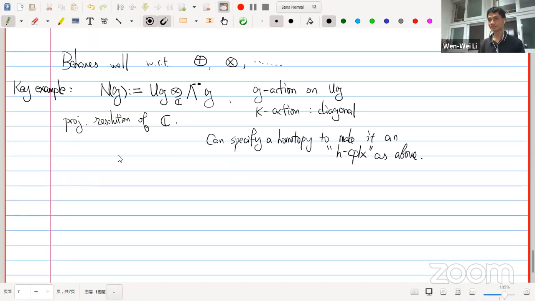Ditto, if you start with pi and you take U(g) tensor C tensor pi, this is a projective resolution of g modules.